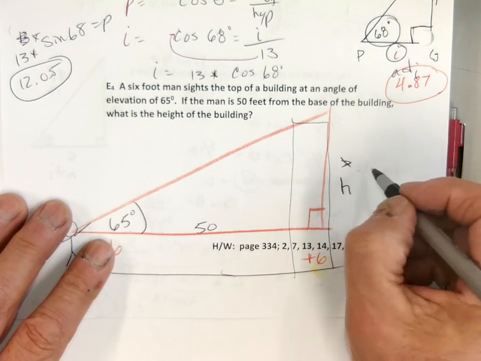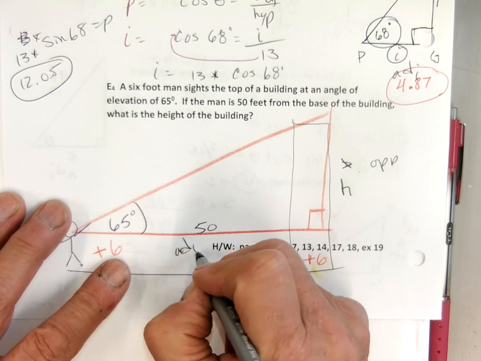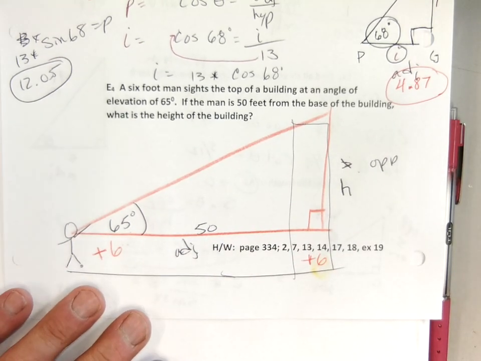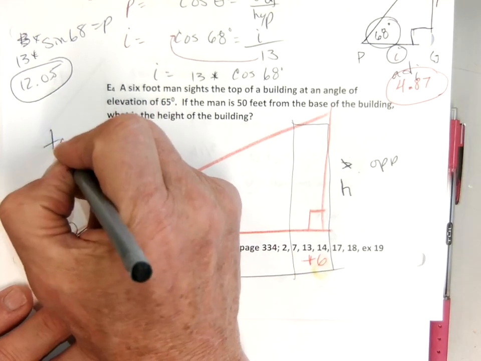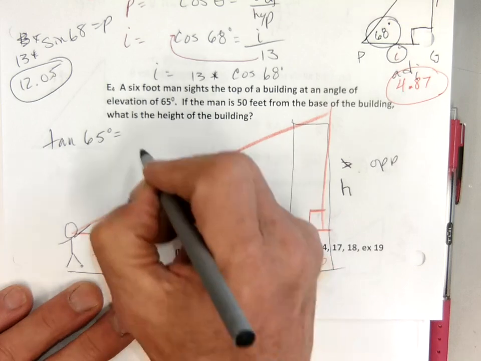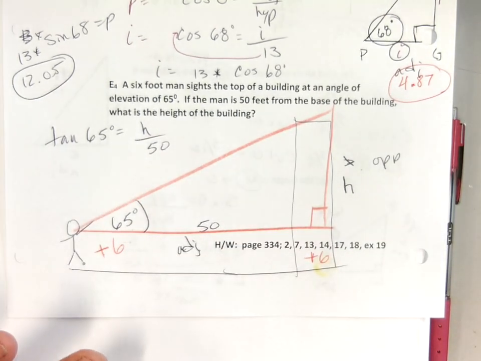I want to find my opposite side. I know my adjacent side, so it has to be tangent. Everybody agree? So tan of 65 degrees is equal to h over 50, opposite over adjacent.